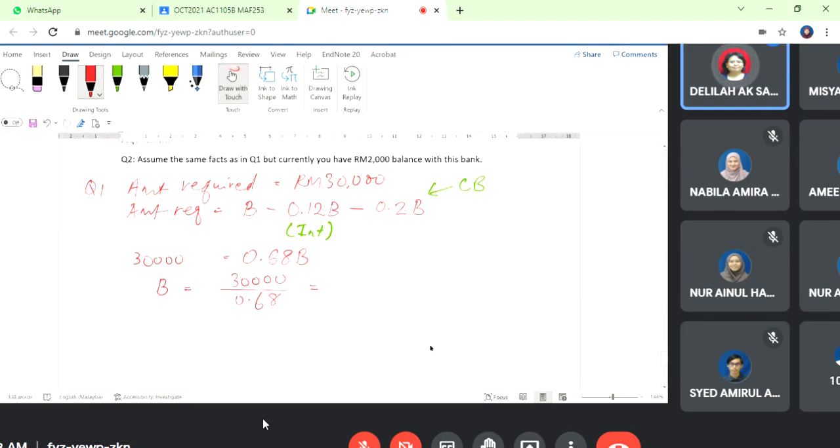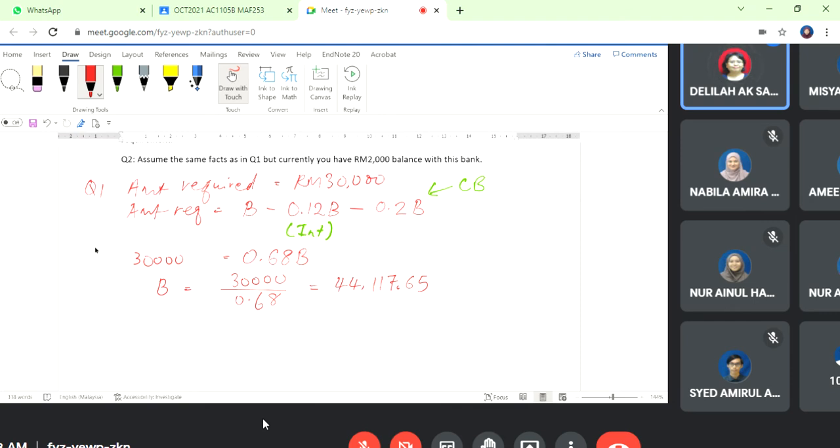So anybody got a figure? 44,170, madam. 44.65. 44,117.65. So that is the amount that you will borrow.